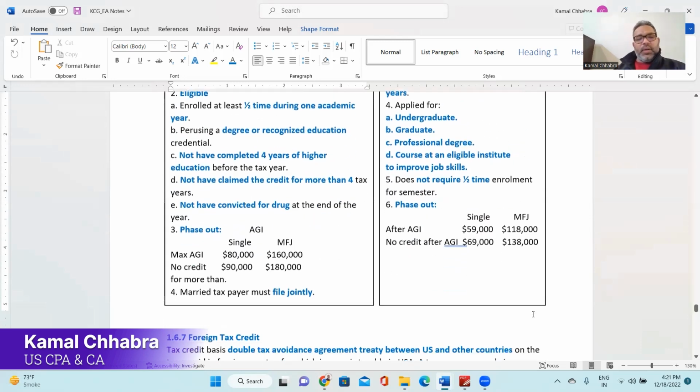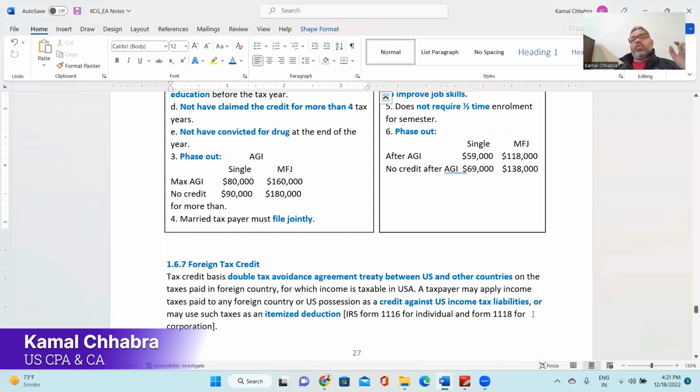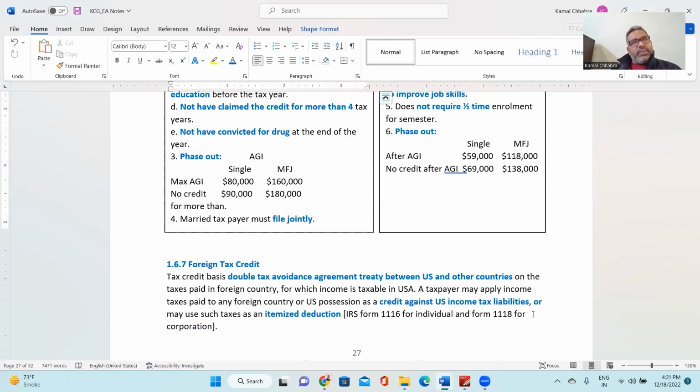And then the third point is the phase out limit. Phase out limit for the single case is between 80,000 to 90,000. If the individual income is less than 80,000, then the entire eligible amount is allowed as a tax credit. If the income is more than 90,000, then nothing is allowed.